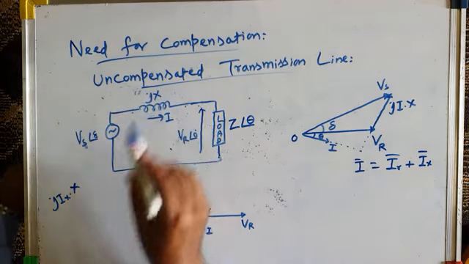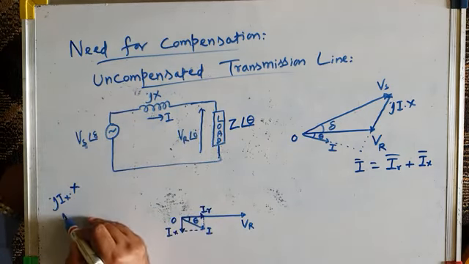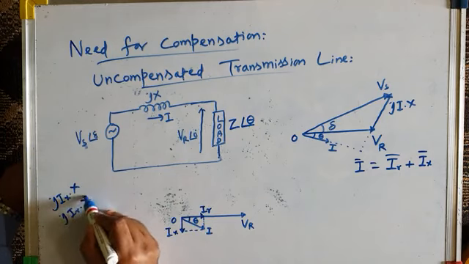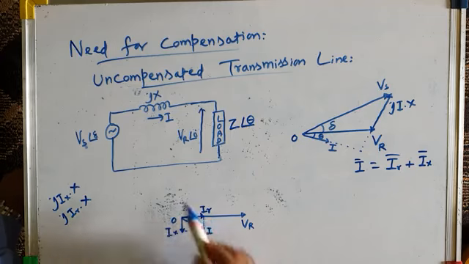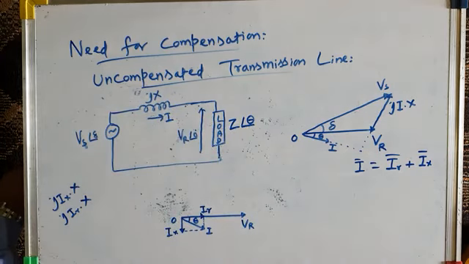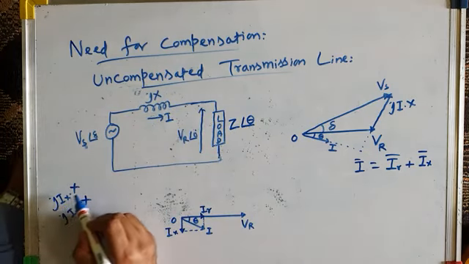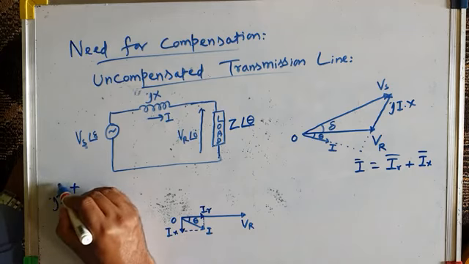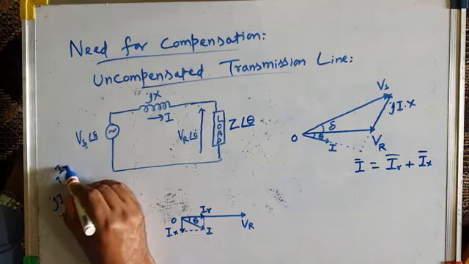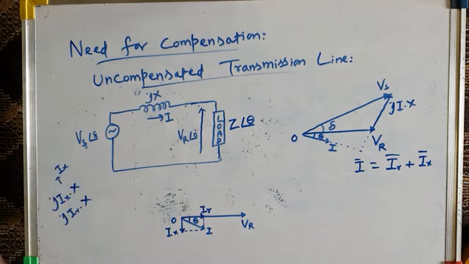Another voltage drop in this transmission line reactance is JIR into X, because when the resistive or in-phase component of current flows, that also causes a voltage drop. Now, as far as the JIX into X voltage drop is concerned, it will lead the current, which is IX, by 90 degrees. That is basic circuit theory.